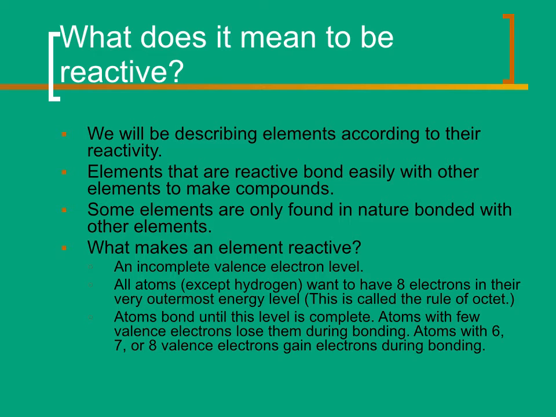Helium and hydrogen only want 2. So helium has 2 electrons, so it does not react. And then atoms will keep bonding until this is complete. So atoms with less than 4 will lose those electrons. Atoms with 5, 6, 7, and 8, those will gain them during bonding.